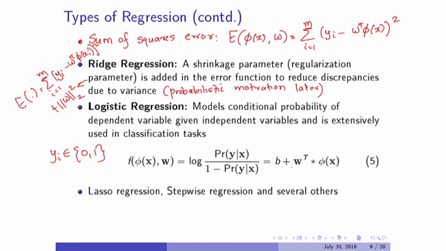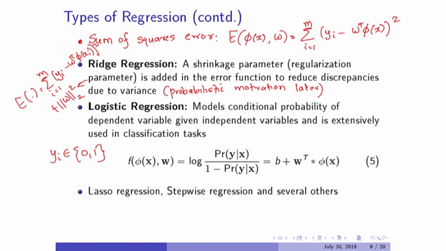And this is assumed to be a linear function. So in some sense, this is still a linear regression problem, but there is a transformation that is performed on the space of predictions. So what you predict is not based on f directly, but based on the probability.